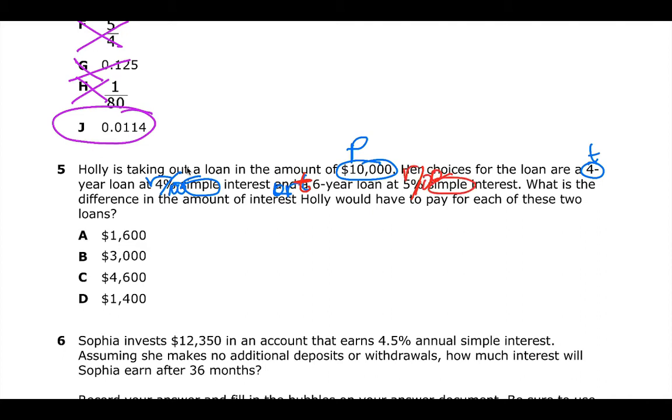What is the difference in the amount of interest, Holly, which you would have to pay for these two loans? And difference means subtract. And then interest, because we're looking for I. So we already know our formula because we've already looked at the formula chart. It's I equals PRT. And we have 2 different times that we're going to use this.